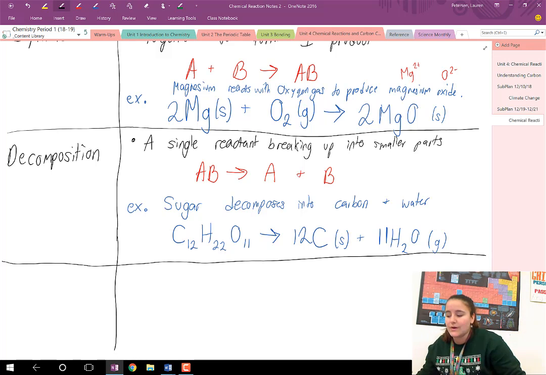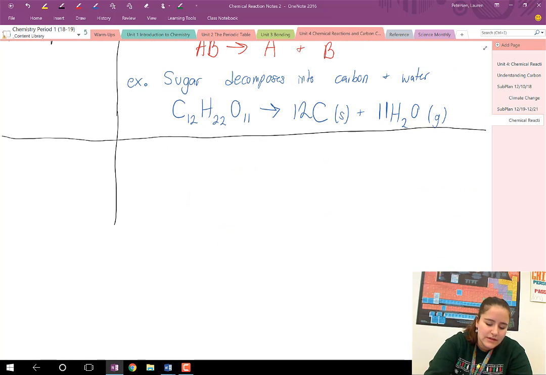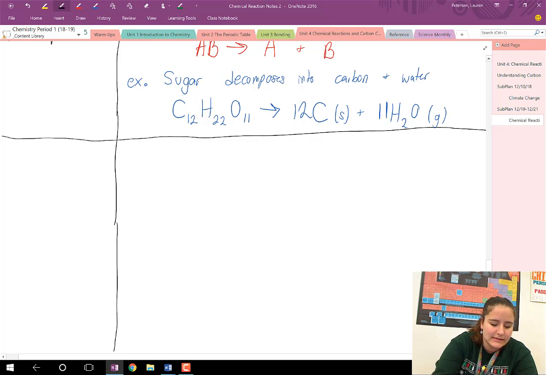Now let's go to our ionic ones, our reactions that occur mostly with ionic compounds. We're going to look at single and double replacements.